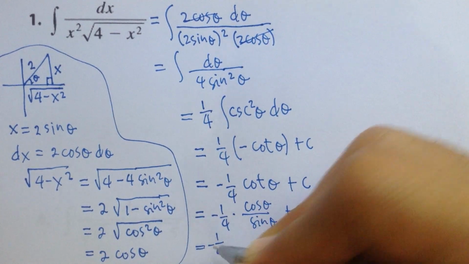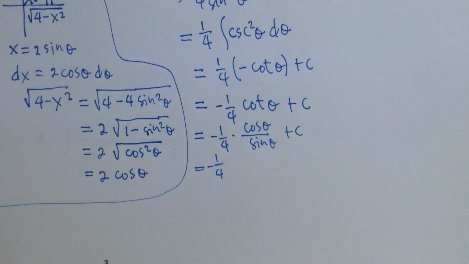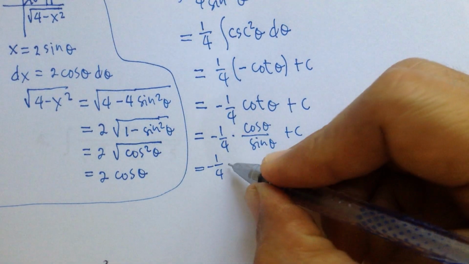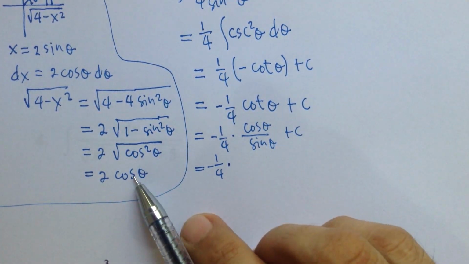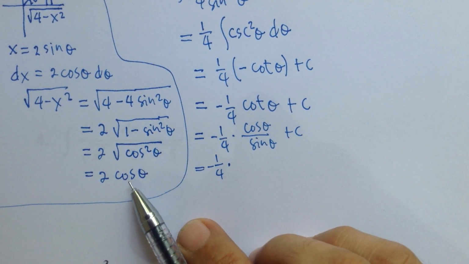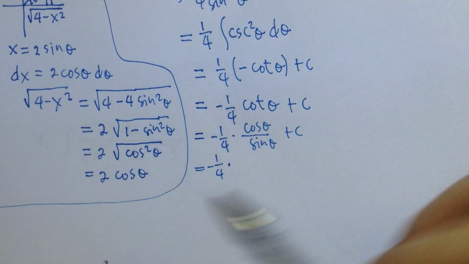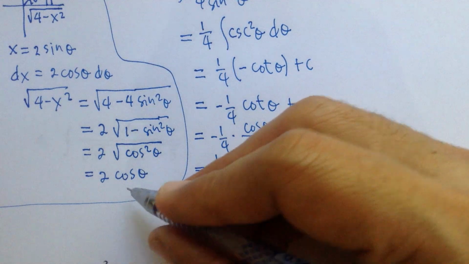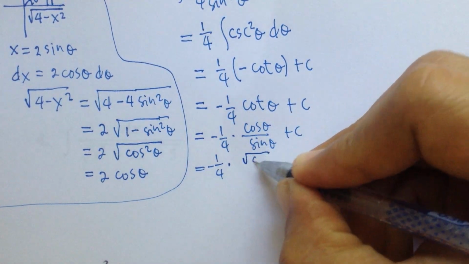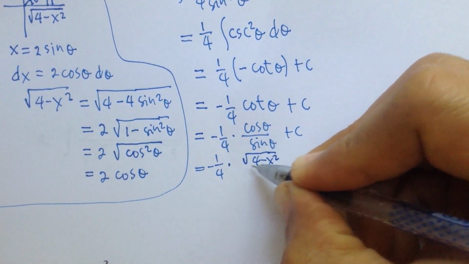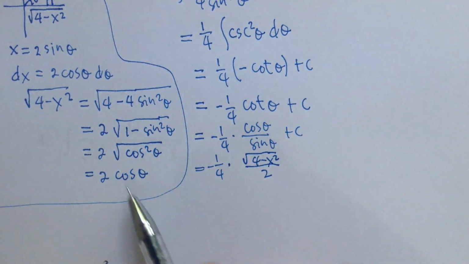And cosine theta from our substitution here is square root of 4 minus x squared over 2. No question about that, right?